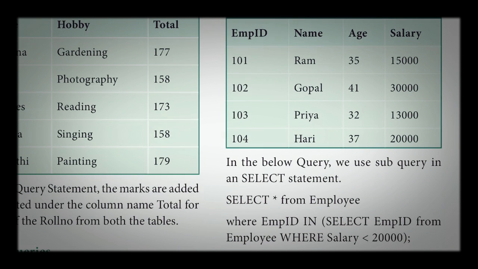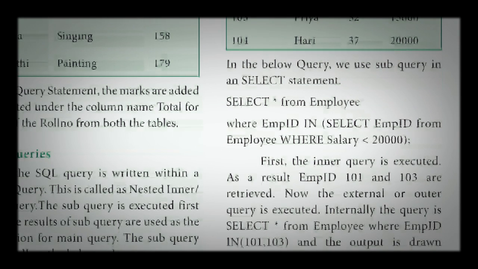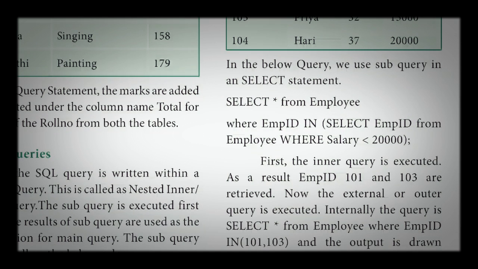In the above query, you can use a subquery in a selection statement. So: select star from employee where employee ID in (select employee ID from employee where salary is less than 20,000).